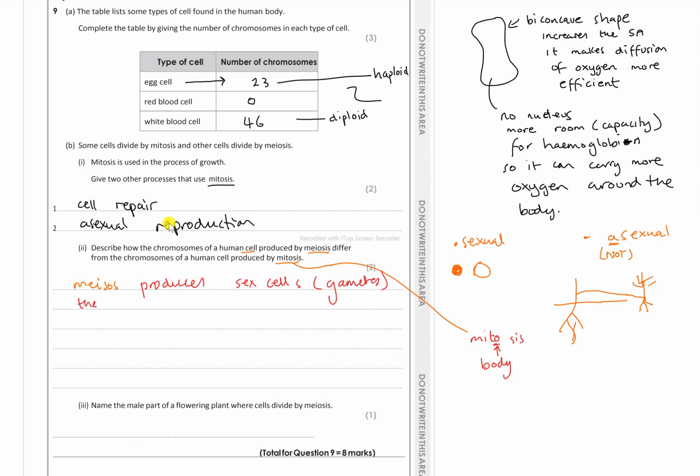Right. They are 23 chromosomes, whilst mitosis produces body cells, soma cells, and are 46 chromosomes.